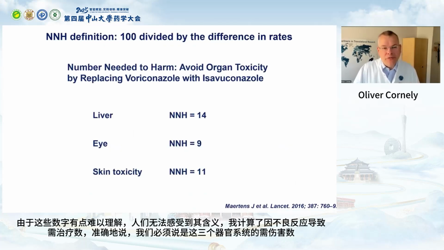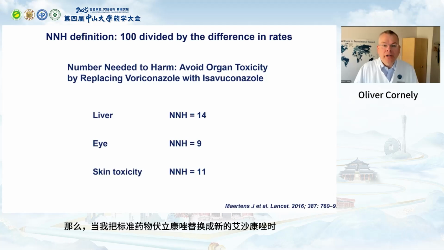And precisely, we have to say the numbers needed to harm for these three organ systems. So what can I avoid in terms of organ toxicity when I replace voriconazole, the standard, with the new isavuconazole?